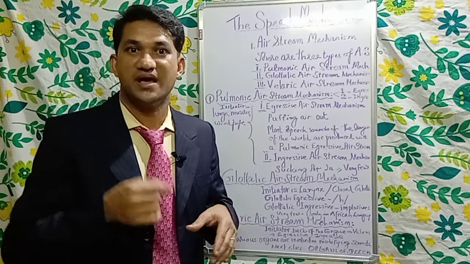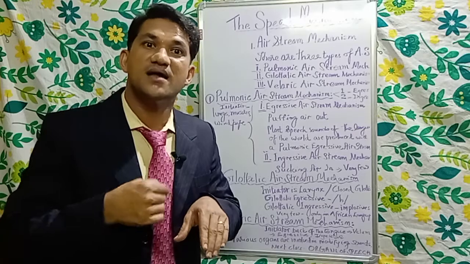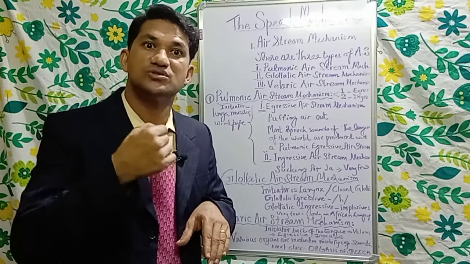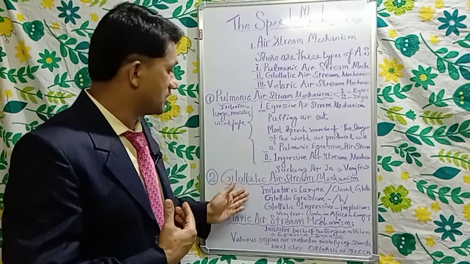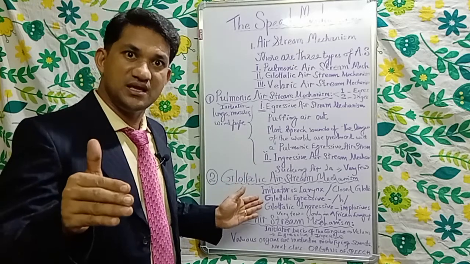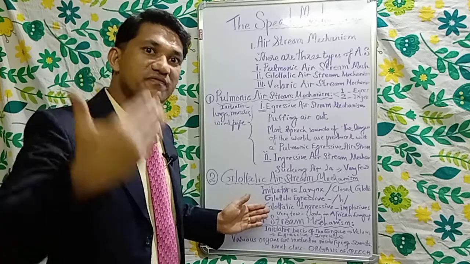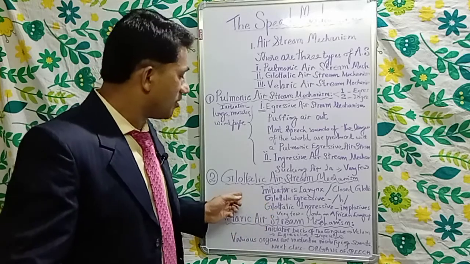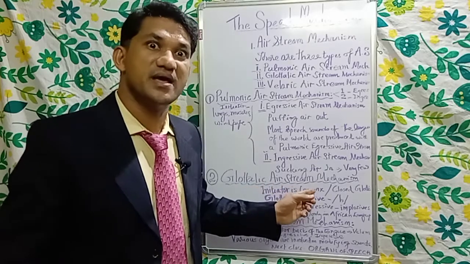There is a gap between the vocal cords, and that gap is known as glottis. So sounds produced at the glottis are known as glottal sounds, and the passage of air through the glottis is known as glottalic airstream mechanism.